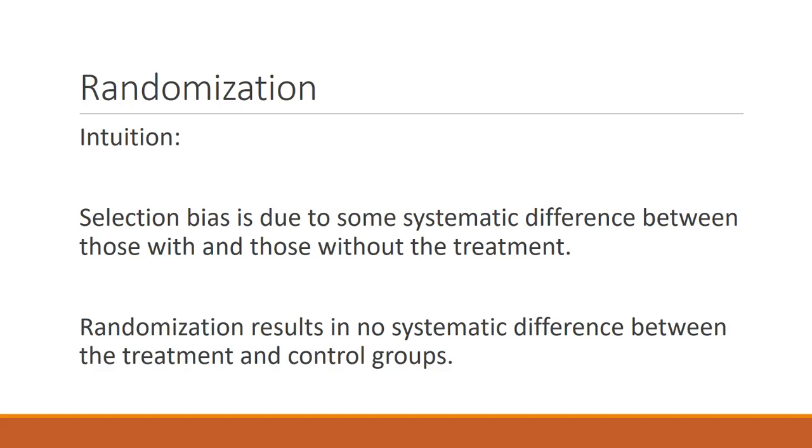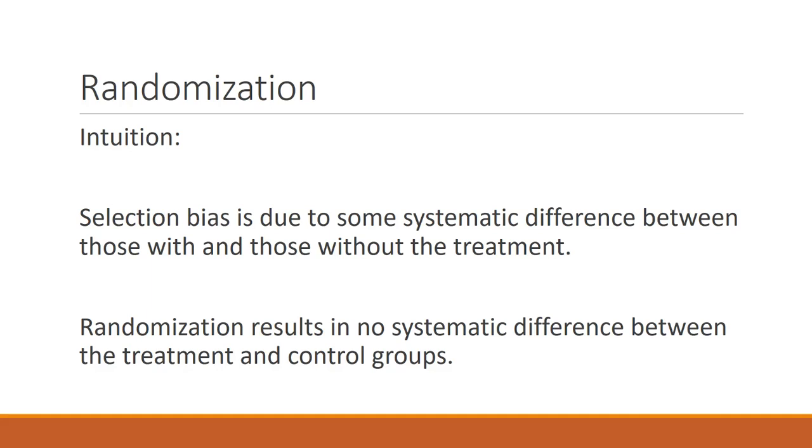But when I distribute those bed nets, I give them to the people that are most at risk of contracting malaria. Now if I compared the people that had bed nets to the people that didn't, I wouldn't be able to conclude that whatever difference I observe is a result of the bed nets, because the people that have the bed nets are very different than the people that don't.